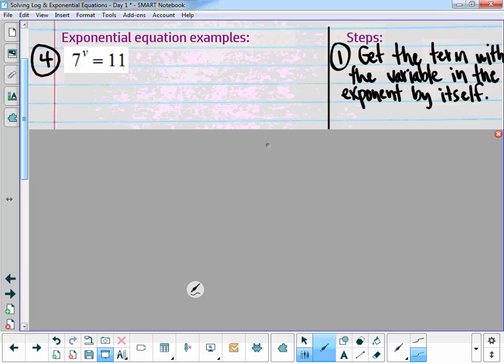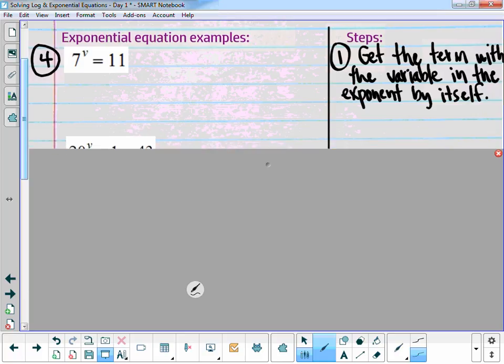So do we have that for this example, 7 to the v power equals 11? Yes. So then, what's the opposite of exponential again? Starts with an L. Logarithm, right? They're opposites of each other.